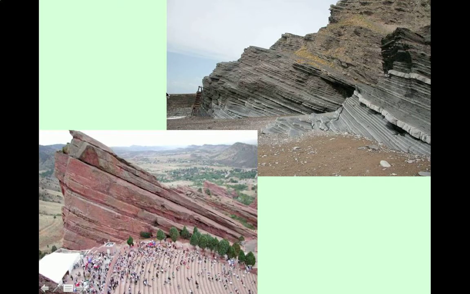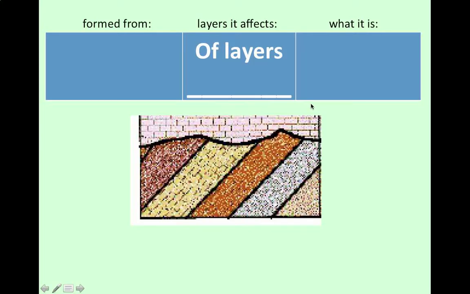The final deformation we can see is this. We still see the layers pretty consistent with each other. However, they are now no longer perfectly horizontal. We call these tilted, right? Even though they're still stacked nicely one on top of each other, they're at an angle. So the last one on our chart here, we call this tilting.